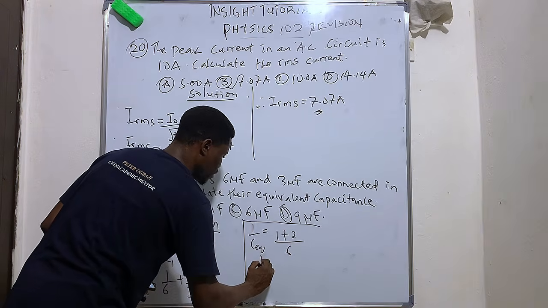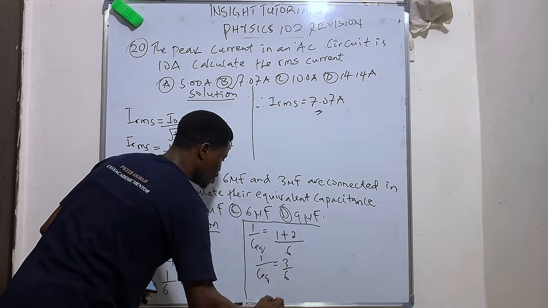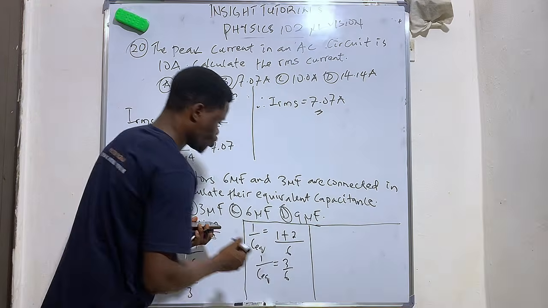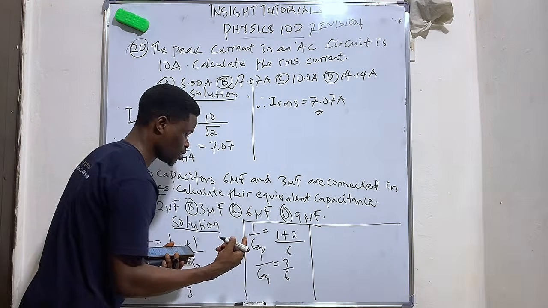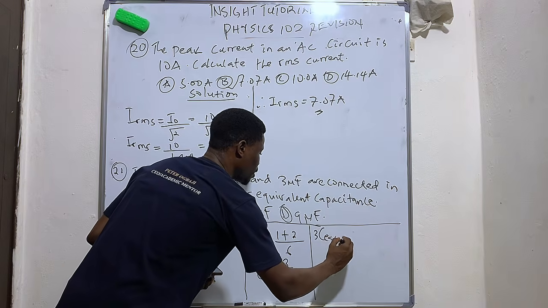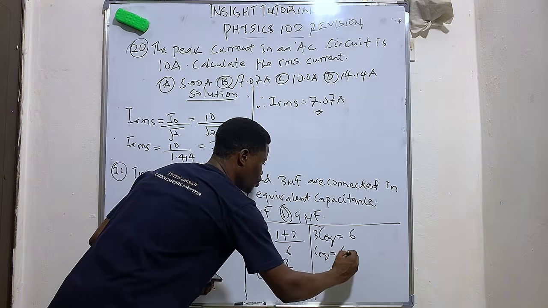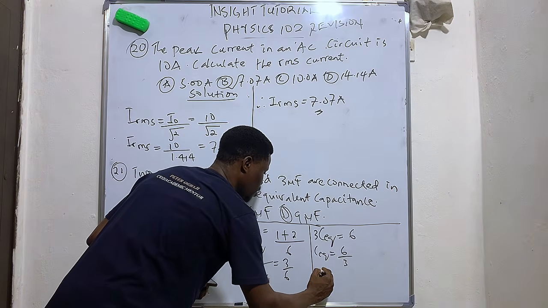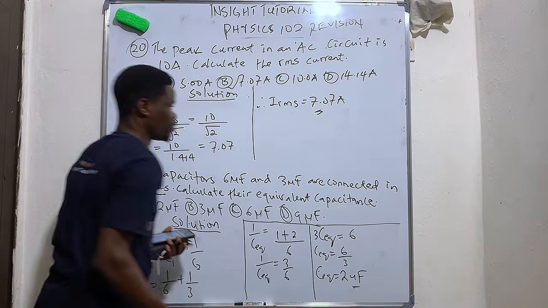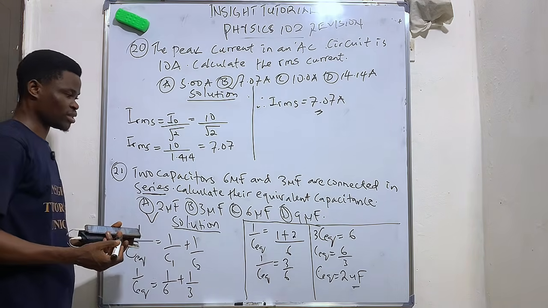So we have 1 all over the equivalent is going to be 3 all over 6. And if we cross multiply, we're going to have 3 times the equivalent capacitance equals 6. So the equivalent capacitance is going to be 6 all over 3, which is 2 microfarad. So making option A the correct answer.